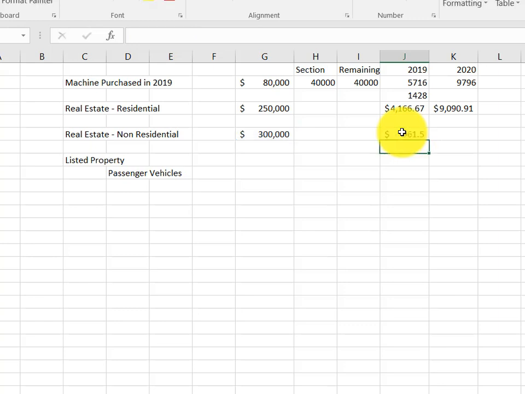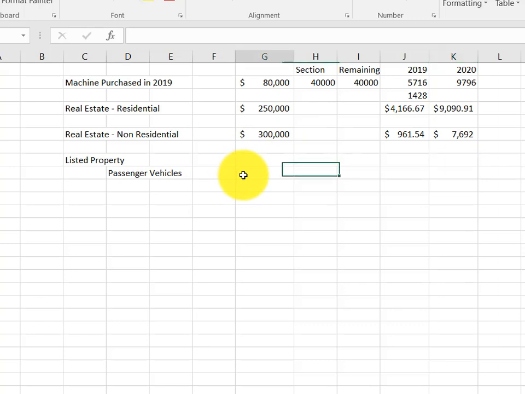So 1.5. So we'd only depreciate it for that amount for the first year. And then for the second year, it's easy. Divide by 39, and that would be your depreciation for the second year. Real estate is a little more straightforward, not as many quirks, because it doesn't qualify for our two special deals.